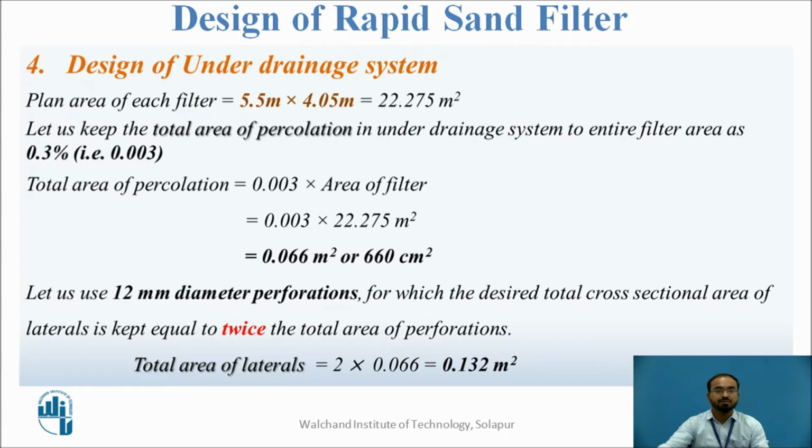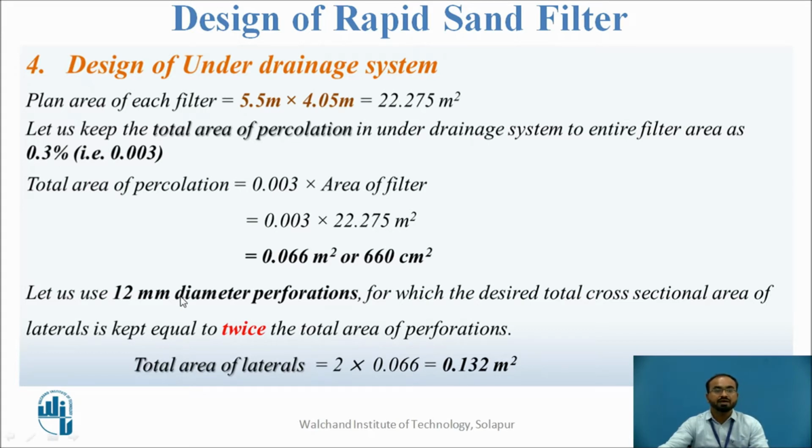First, we will give some total area for the perforations in the drainage system at the bottom of the filter unit. Overall, we provide around 0.3% of the total area of the filter unit.